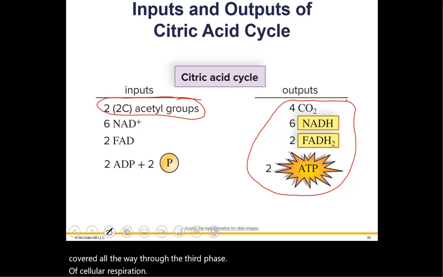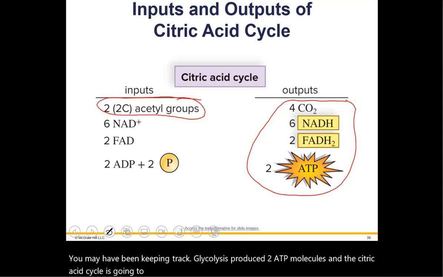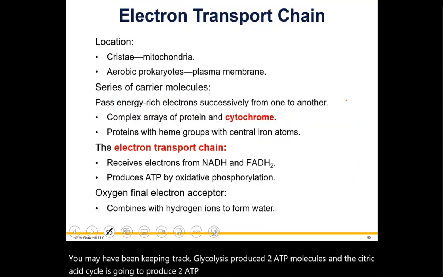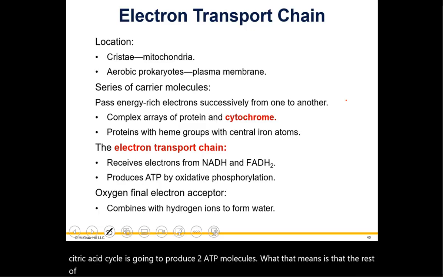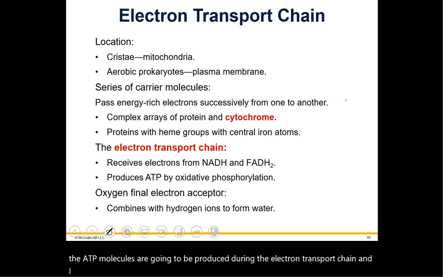You may have been keeping track. Glycolysis produced 2 ATP molecules, and the citric acid cycle is going to produce 2 ATP molecules. What that means is that the rest of the ATP molecules are going to be produced during the electron transport chain, and I will cover the electron transport chain in the next recording.